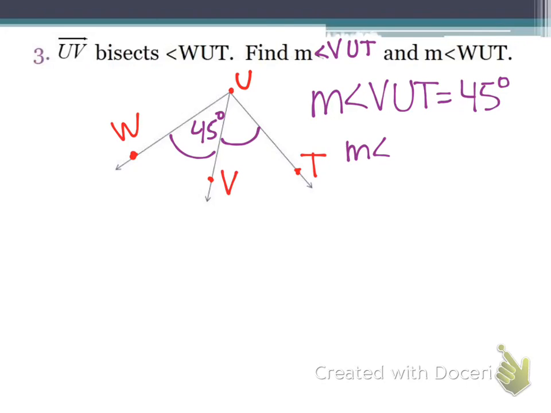We also need the measure of angle WUT. Jordan? 90 degrees. Again, we double that angle, or we add the two small angles together to get the big angle. They didn't ask us on this one, but if we wanted to classify WUT, what would we say? That is a right angle because it measures exactly 90 degrees.